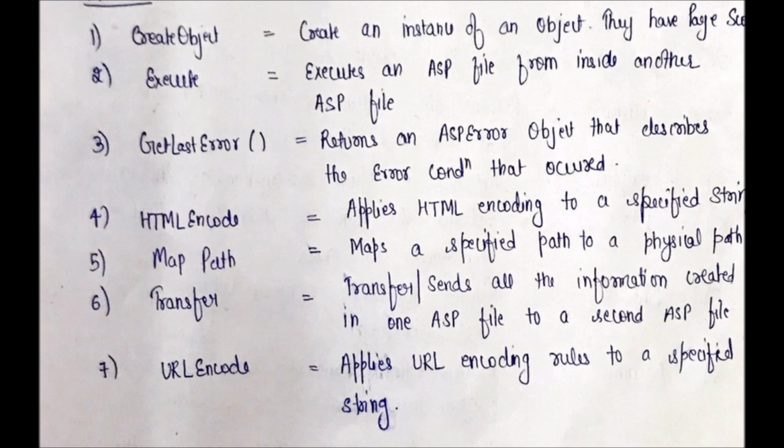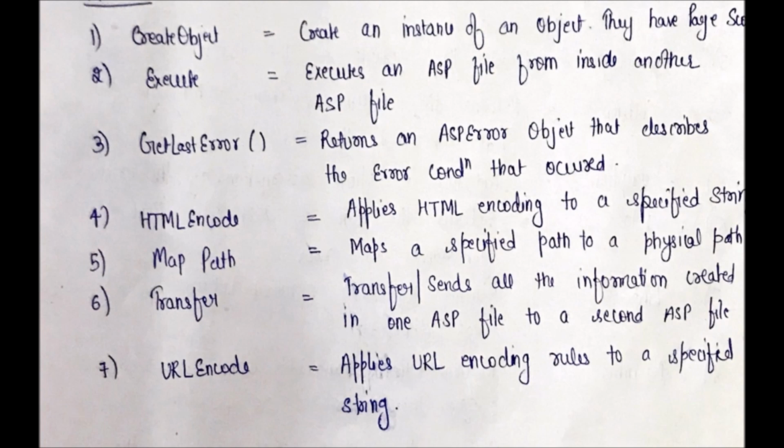The fourth is HTMLEncode, which applies HTML encoding to a specified string. Fifth is MapPath. It is used to map a specified path to a physical path. The MapPath method maps a specified virtual or relative path to a physical path on the server.